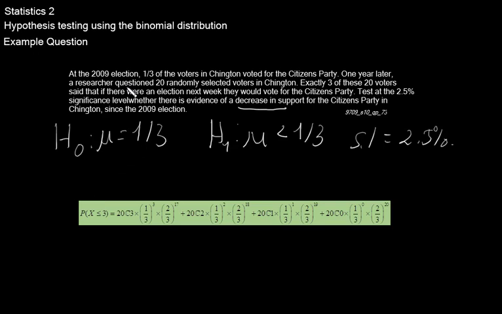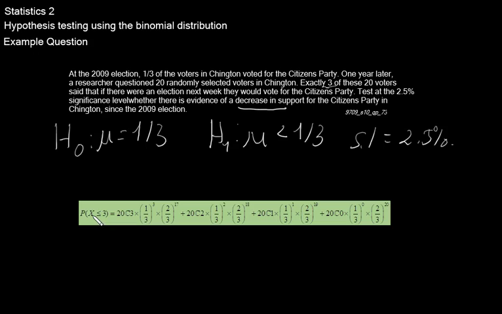So now we are testing. Now we will be finding the probability of less than or equal to 3 out of the 20 randomly selected voters to see what the probability is. So now we have this sort of equation. When you did Statistics 1, you should have already learned how to calculate the probabilities in a binomial distribution.